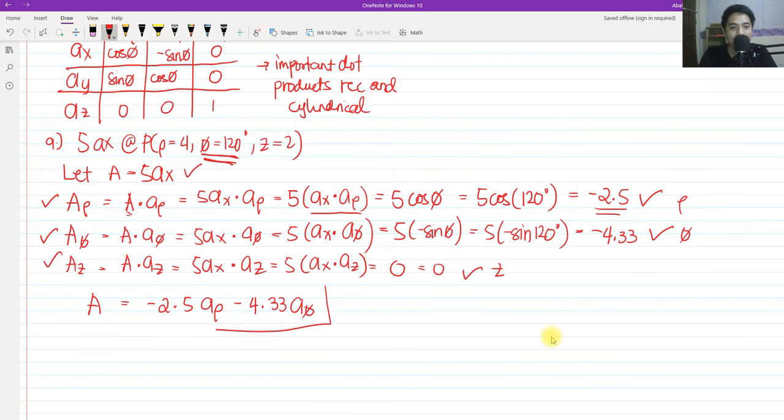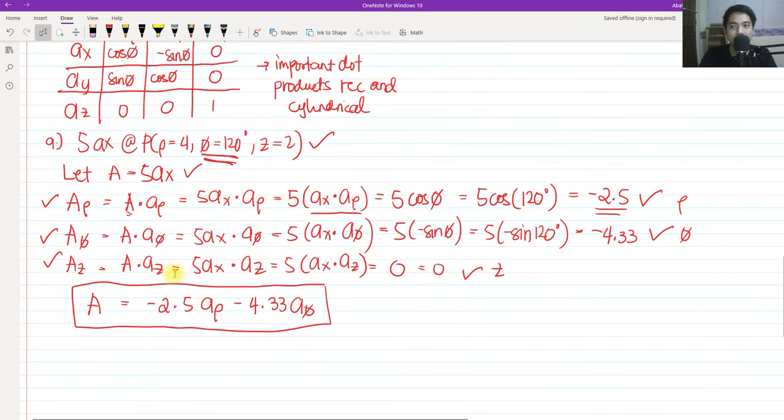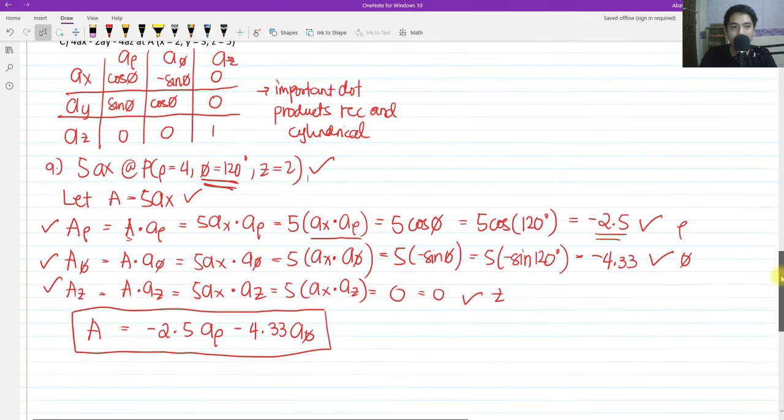This is now the transform of that 5ax at this given point in cylindrical coordinates. I hope you get that. That's the purpose of having this table of dot products.